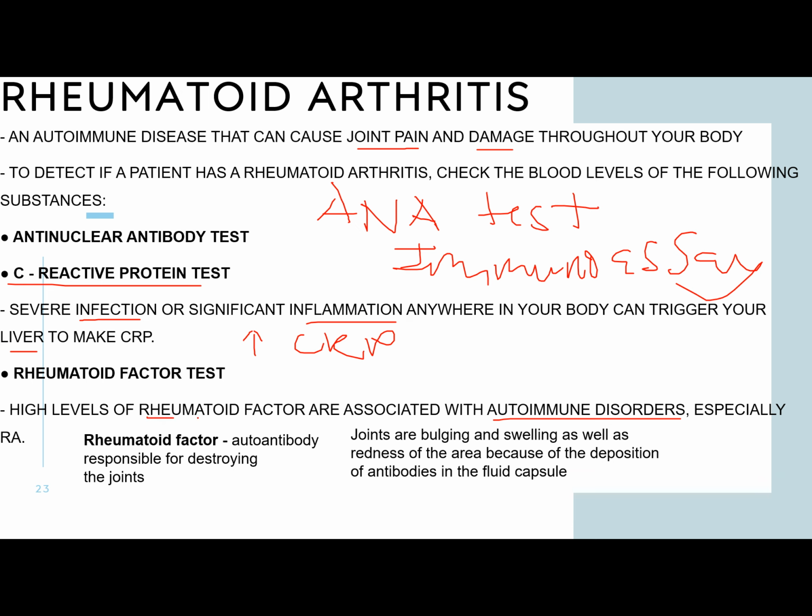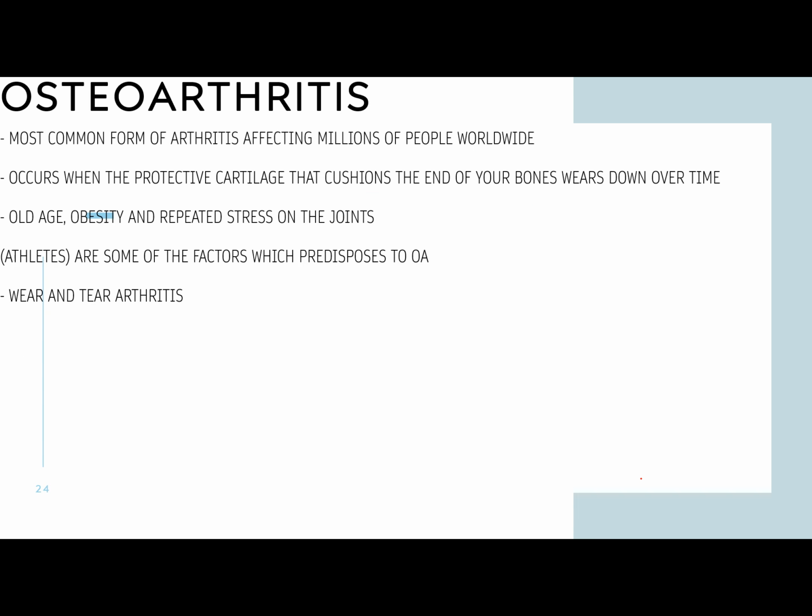So what is this rheumatoid factor, class? Rheumatoid factor, class, is an autoantibody responsible for destroying the joints. So when you have RA, class, your joints are bulging and swelling, as well as the redness of the area because of the deposition of antibodies in the fluid capsule.